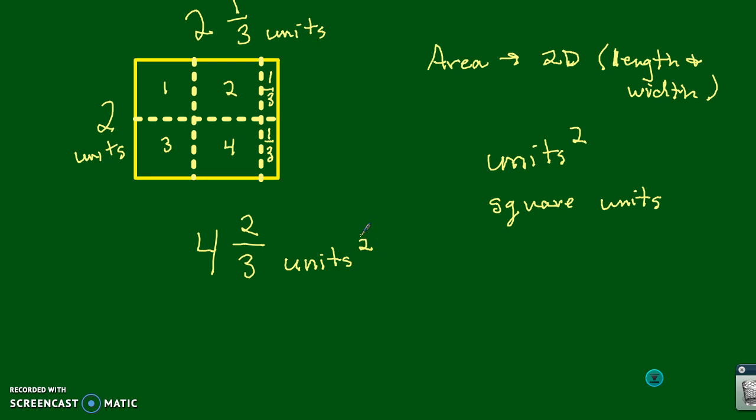Now later on in the year we'll discuss different ways of finding area, but today we're going to be focusing on counting up the actual squares and the parts of squares.